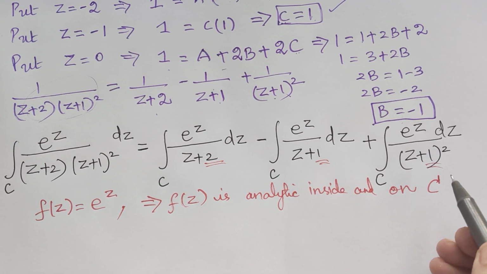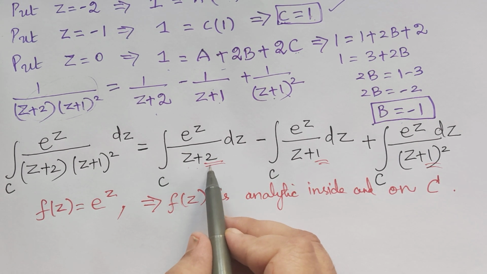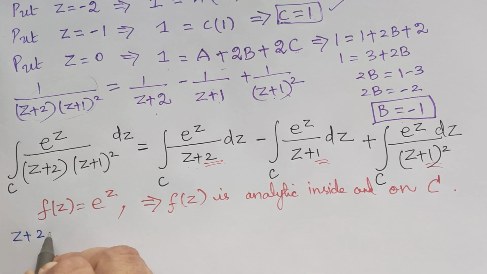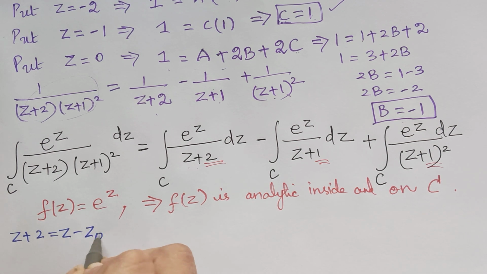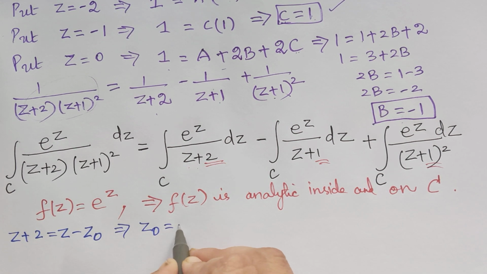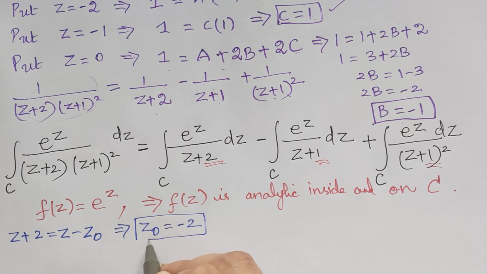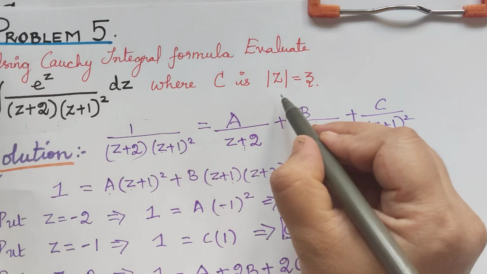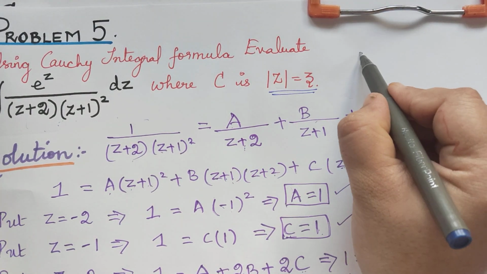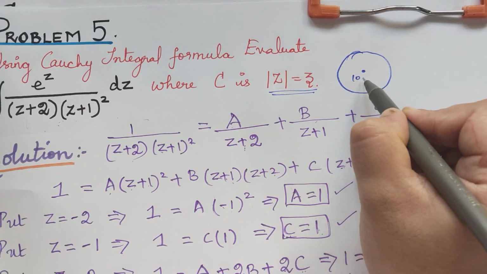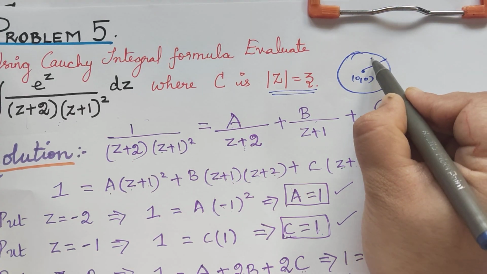Now we have to check the points z naught. In the first case, what is z naught? We have z plus 2, which is z minus z naught. Comparing both sides, z naught will be equal to minus 2. And what is the given circle? The given circle is modulus of z equal to 3, which means the center is the origin (0, 0) and the radius is 3.